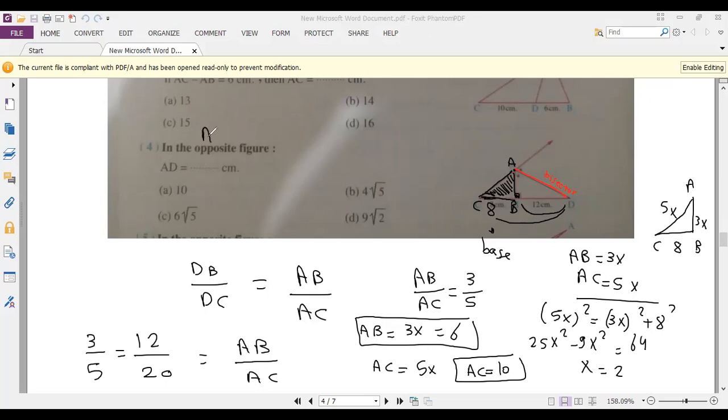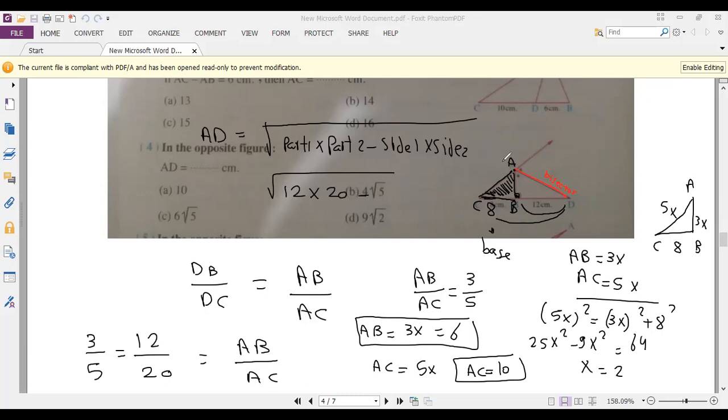As I said, because it's an exterior bisector, you multiply part 1 times part 2 of the base minus side 1 times side 2. So the square root of 12 times 20, minus 6 times 10. That's it.